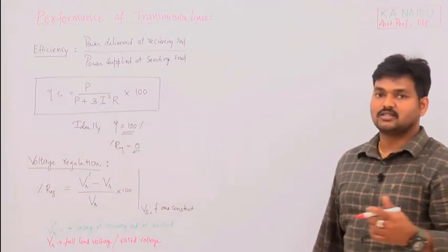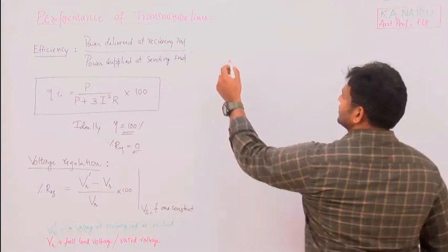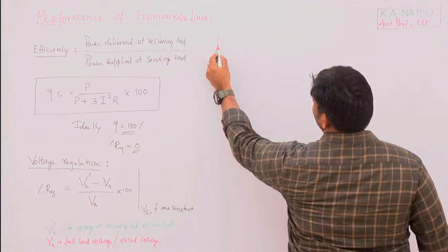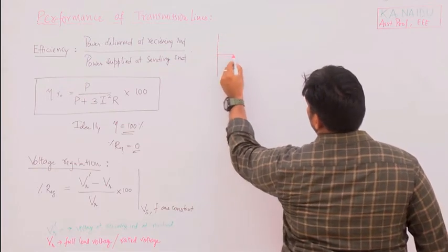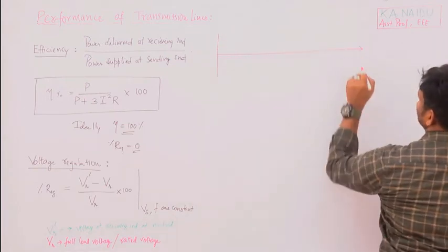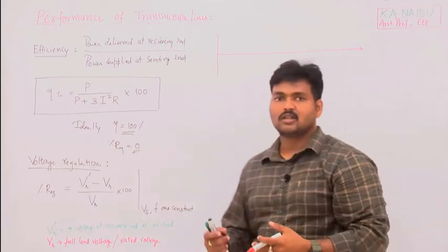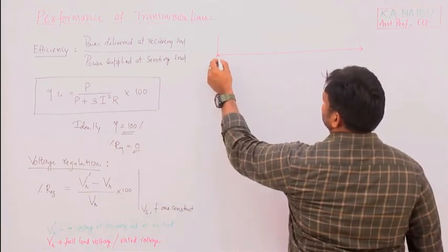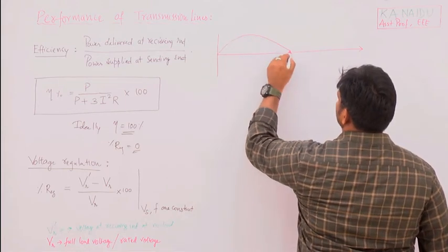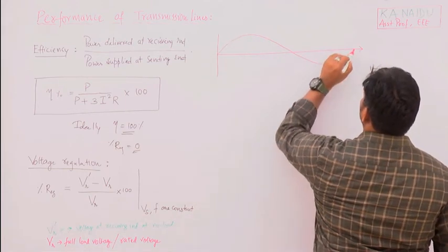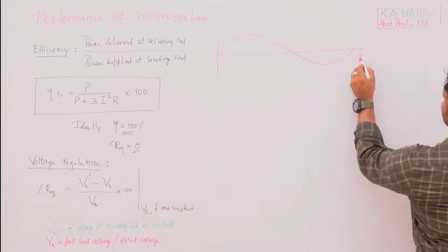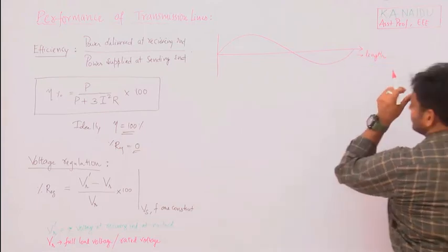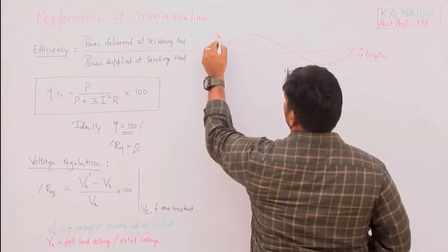In the coming classes, we will be studying that along the length of the transmission line, the voltage and current will be in the form of a traveling wave. Suppose you take this as the length, and let us take this as voltage.